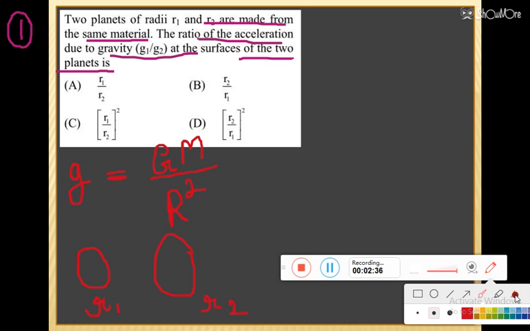Students, g1 will be equal to G into M1 by R1 square.